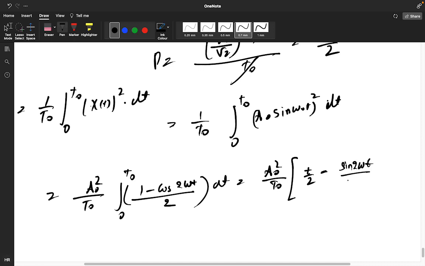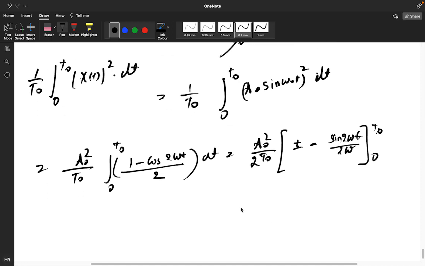So there was 2 in this, and this 2 omega will come down. Or you can write like this directly. You take 2 as common here, so it will become t, and cos integration is sine, 2 omega will come down. This is your 0 to T naught. Put the value and get the result.